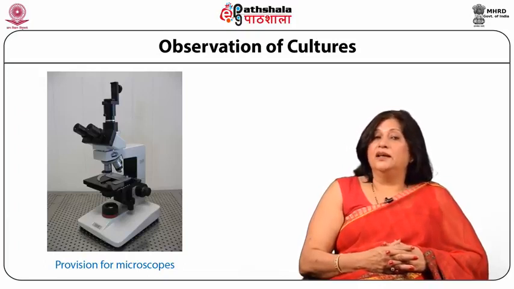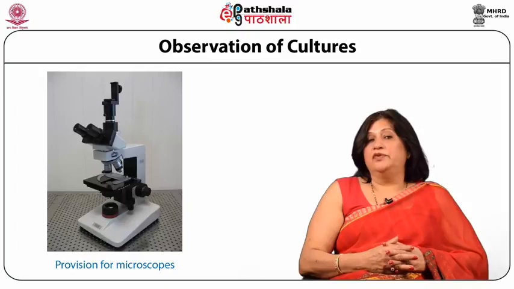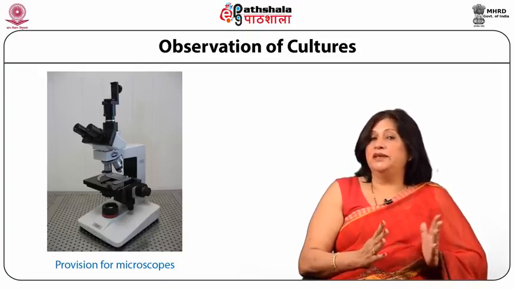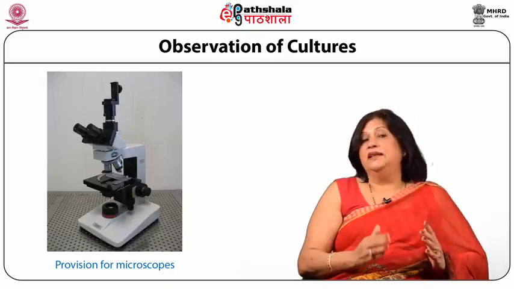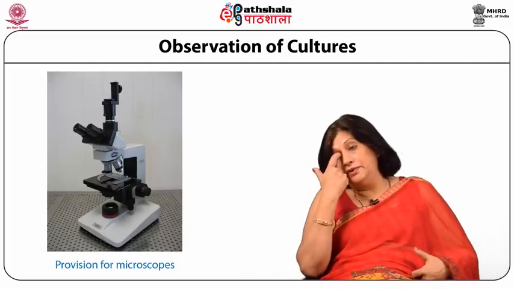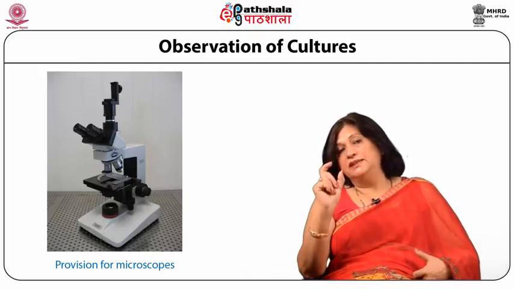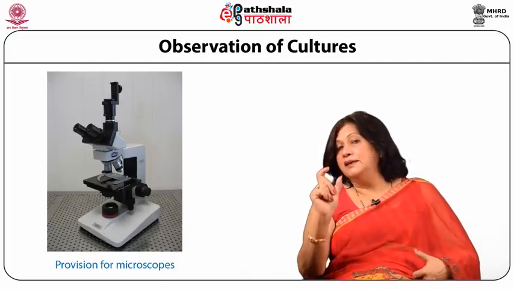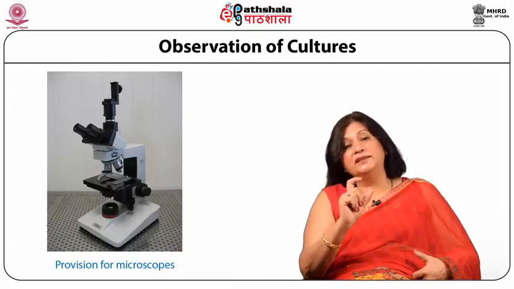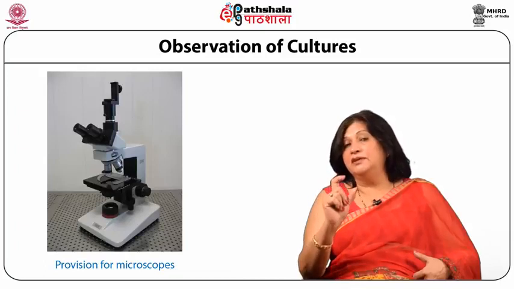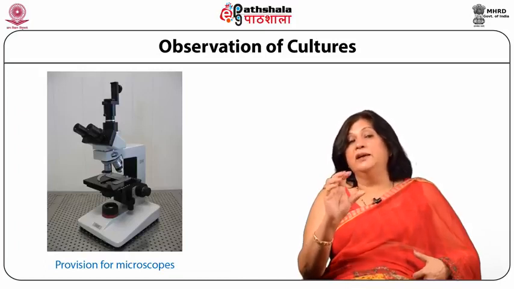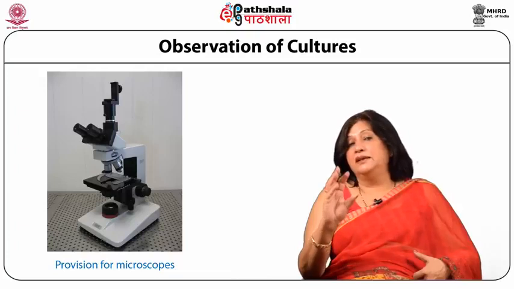So every culture is to be observed carefully, and once they have finished their growth, once you are through with either the rooting or whatever your objective was, then the cultures are taken out. If your objective was protoplast fusion and you proceed further to get a plantlet out of it, ultimately what you get is a plantlet of the desired type.